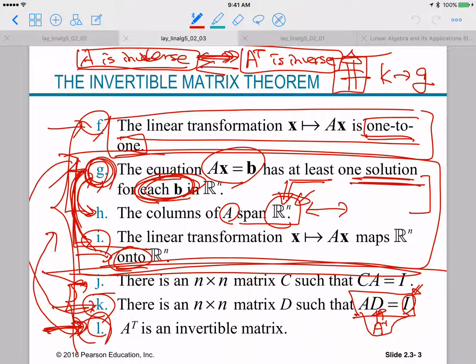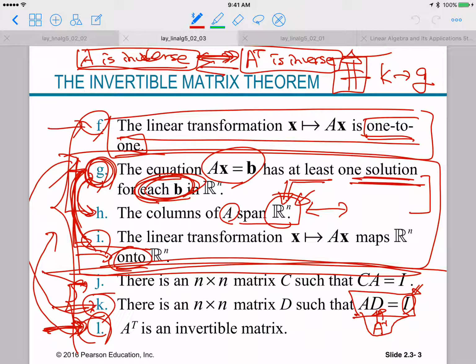As I mentioned, we can pick any two, and if those two items are these two, then they are logically equivalent. Which means if one statement is true, then the other is also true. So that actually answers some unanswered question from when we studied the definition of an inverse matrix.